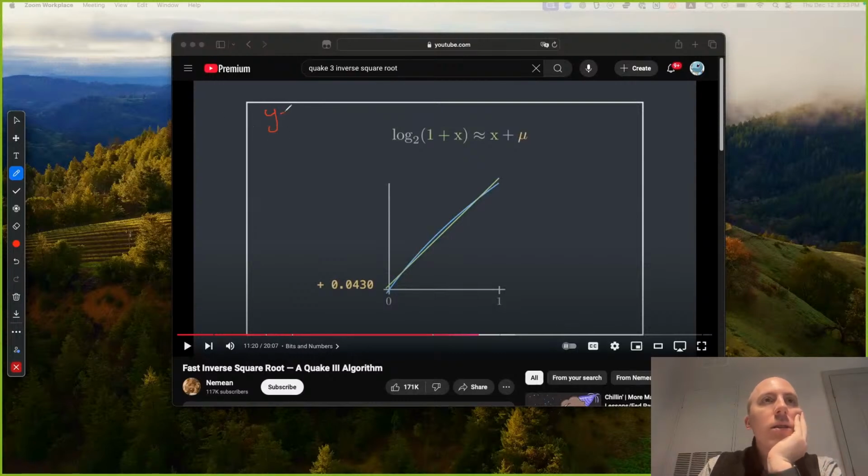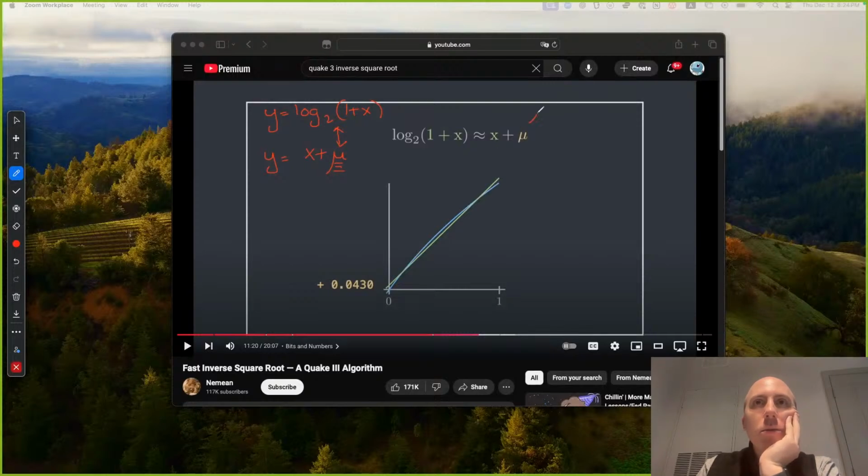We have y is equal to log base 2 of 1 plus x, and we have this function y is equal to x plus mu. And so we want to find the mu that minimizes the difference. Find a parameter mu which approximates this function the best from the range 0 to 1. So along the way, we just take these little distances between these two functions and find the mu which minimizes that distance.